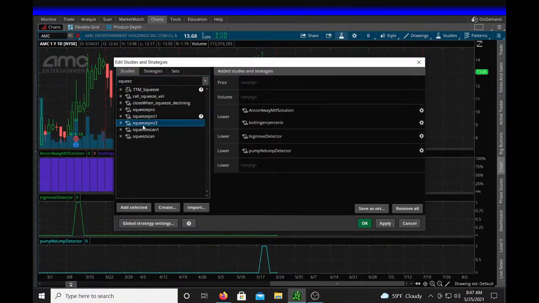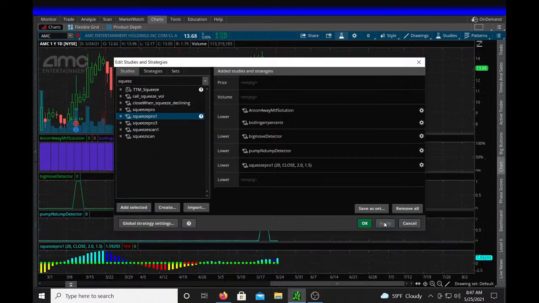Let's see, maybe the Squeeze Pro 3. Wonder why Squeeze Pro 1. Okay. Interesting. And our Squeeze Scan 1. Oh, that's up top.